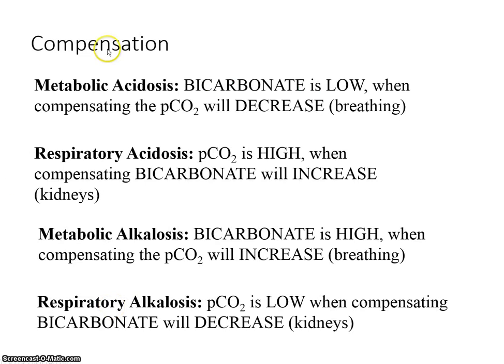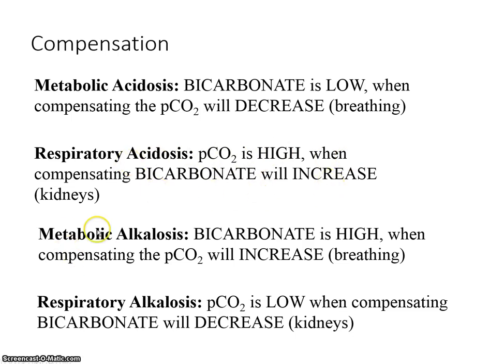So here's our compensation, right? Metabolic acidosis: bicarbonate is low, so when compensating, the carbon dioxide levels will decrease in the body so that you can, again, decrease acids. Respiratory acidosis: the carbon dioxide levels are high, and when compensating, bicarbonate will increase.